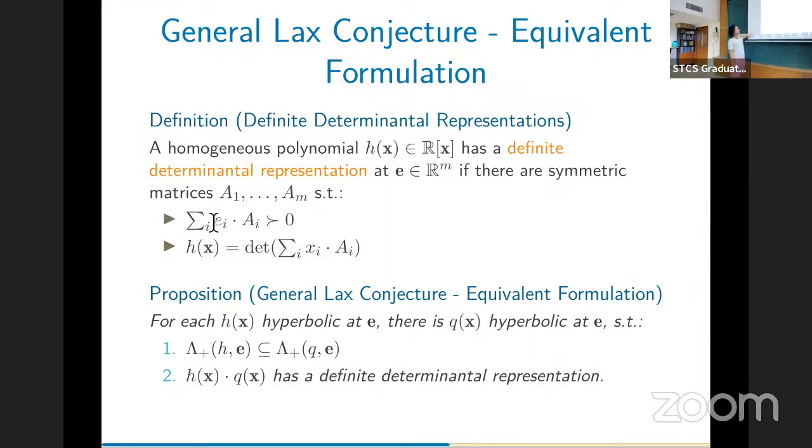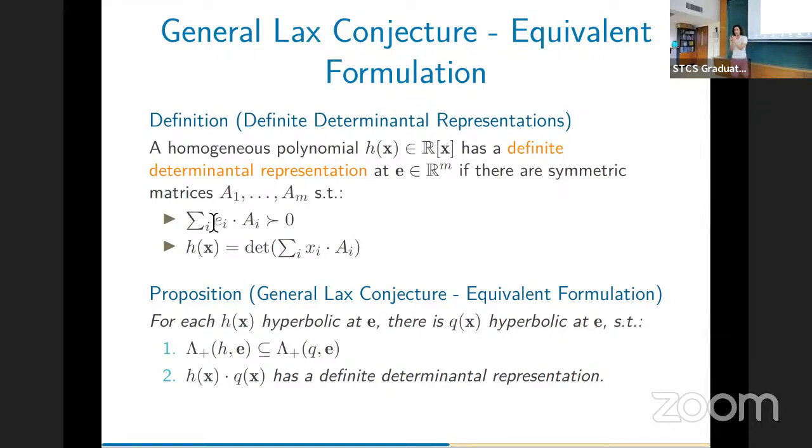So now, here's the equivalent formulation. This is the conjecture: if you believe that the Lax conjecture is true, you believe this. For each hyperbolic polynomial H at E, there exists another polynomial Q, also hyperbolic at E, such that the hyperbolicity cone of Q contains the hyperbolicity cone of H. And why is that?